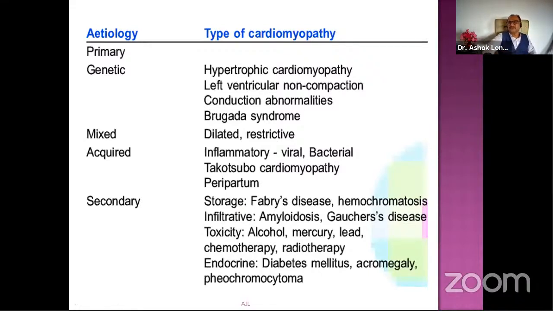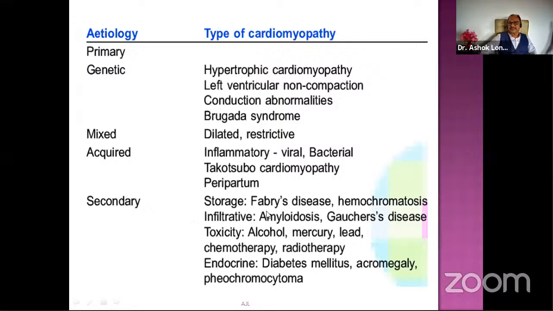We are not discussing this in detail, but we should know it. There are many diseases, for example genetic, then mixed, where there is dilated and restrictive. In both of these, there is less blood supply to the body. Then acquired, that is inflammatory, bacterial, Takotsubo cardiomyopathy, and peripartum, which is just after the birth, where the walls of the heart are weakened.